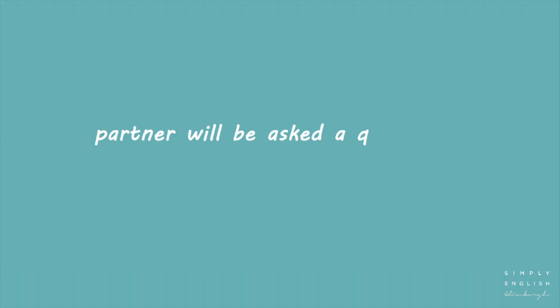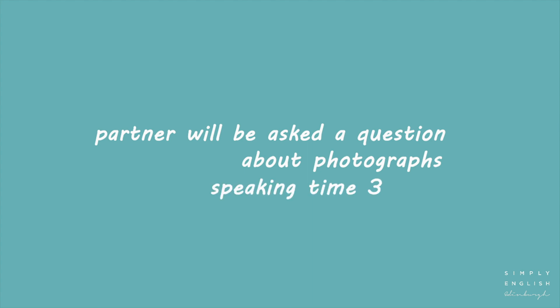When you are finished speaking, so when your minute is up or the examiner stops you, your partner will be asked a question about your photographs. Your partner will give a short answer to this, sort of maximum a couple of sentences, like 30 seconds speaking, more or less.